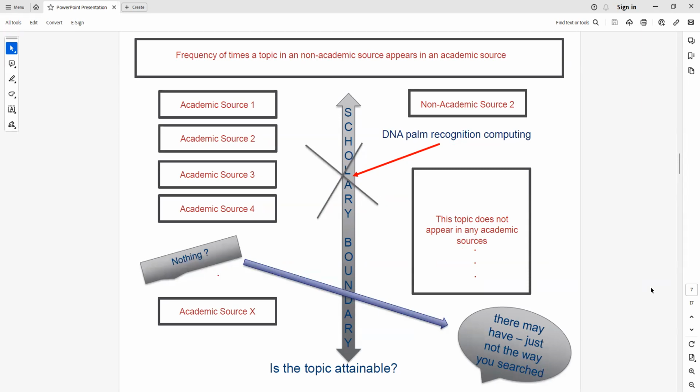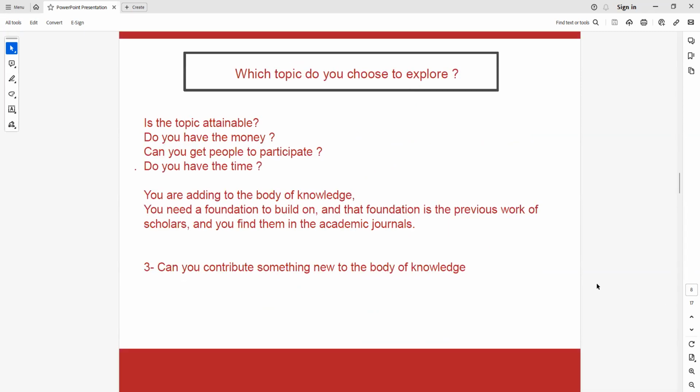So that should really set off some whistles, some light bulbs that's saying, if it's not in the academic journals, can I write about this? Right? It hasn't crossed the scholarly boundaries. Also, it just may have been the way you searched for it.